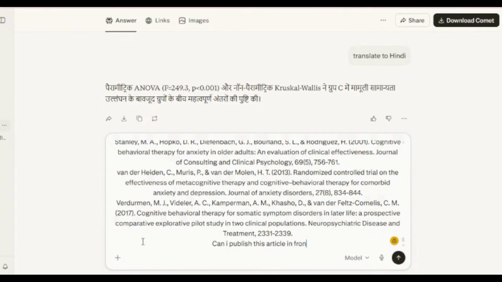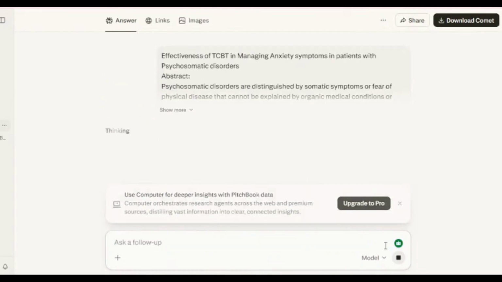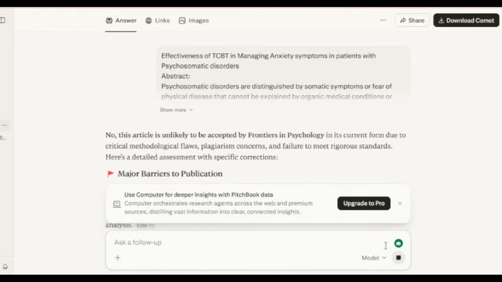Frontiers in Psychology. Okay, now I have fed the entire article, and now I want to know whether this article can be published or what are the suggestions from the AI tool.